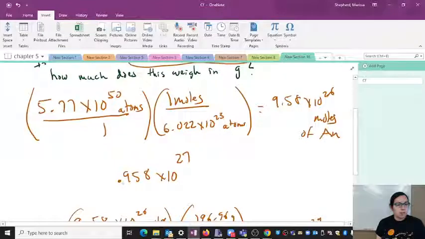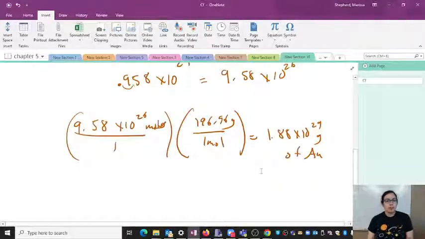So by moving the decimal over, that changes the exponent. If you move it over to make it 9.58, since you moved it to the right, that's kind of like lowering it, so that becomes times 10 to the 26. Does that make sense?